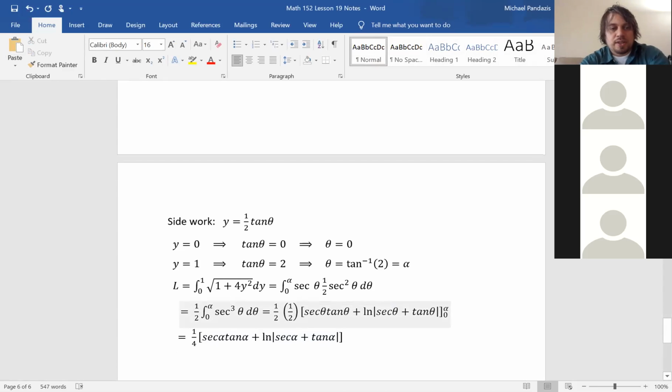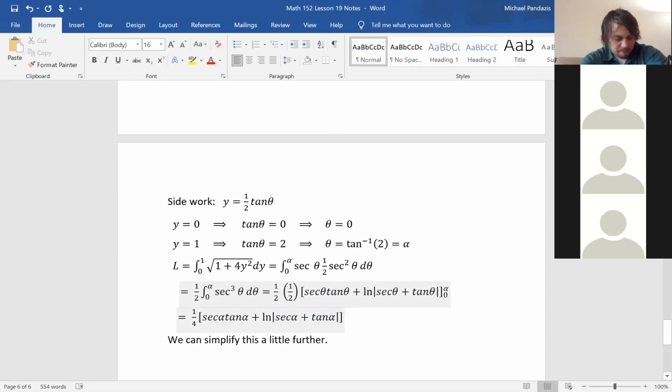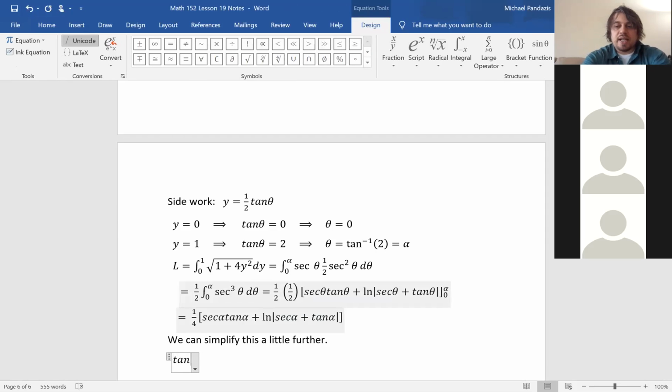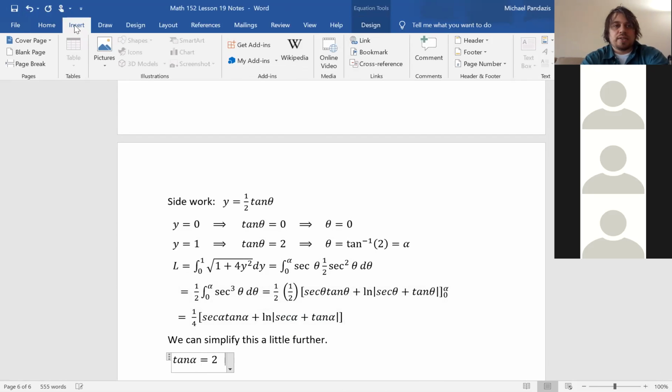Okay, and so we can simplify this a little further. You have tan alpha is equal to 2 by how we defined it earlier. So since tan alpha equals 2, that implies that secant squared of alpha is equal to 1 plus tan squared alpha, right?